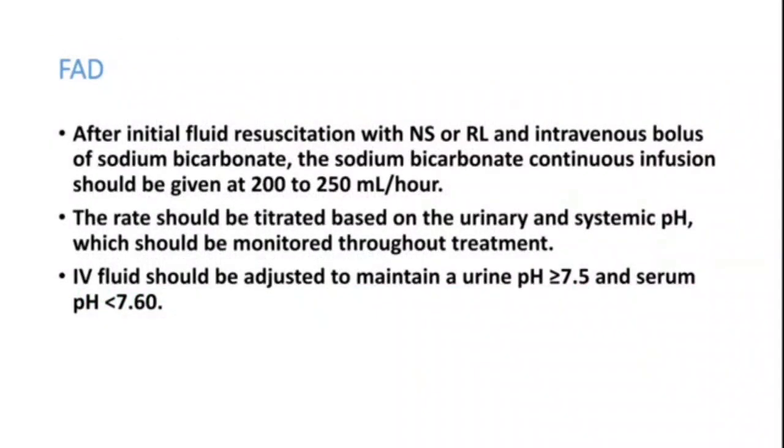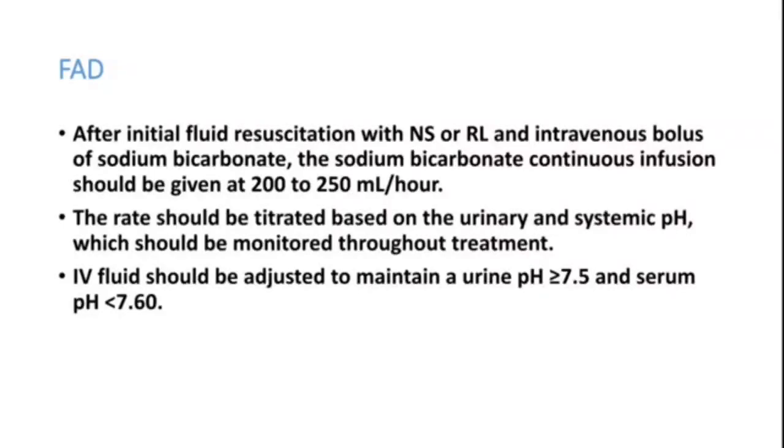After the initial fluid resuscitation with normal saline or Ringer lactate, a 500 ml bolus can be given initially itself. Then the intravenous bolus of sodium bicarbonate, which we already explained. The sodium bicarbonate continuous infusion should be given at the rate of 200 to 250 ml per hour.